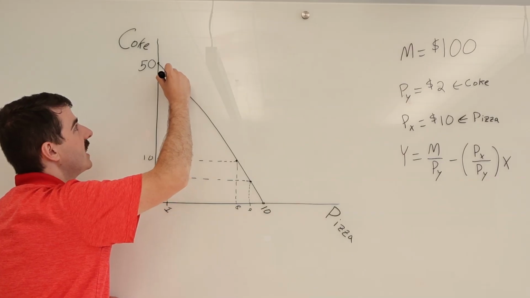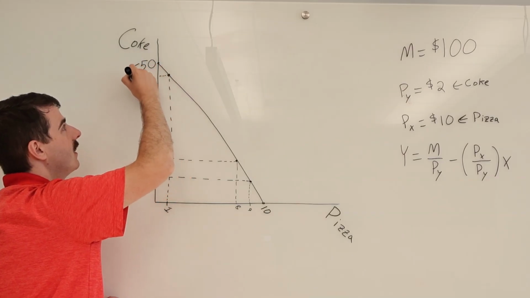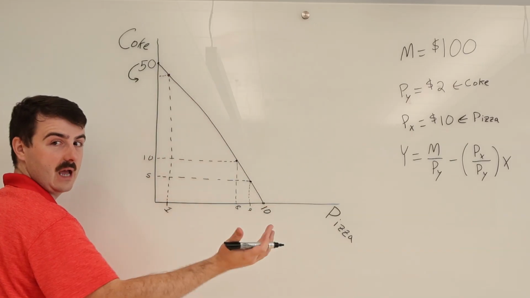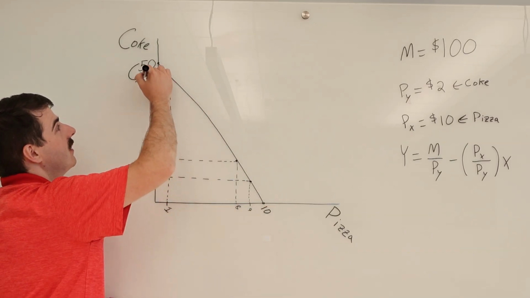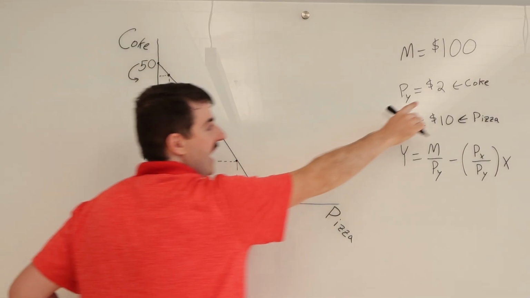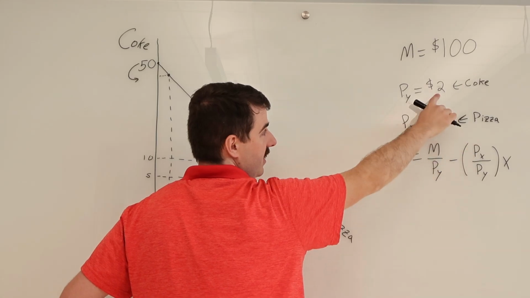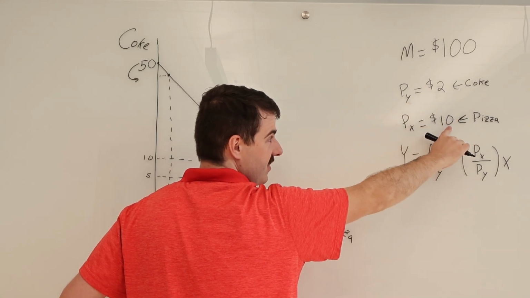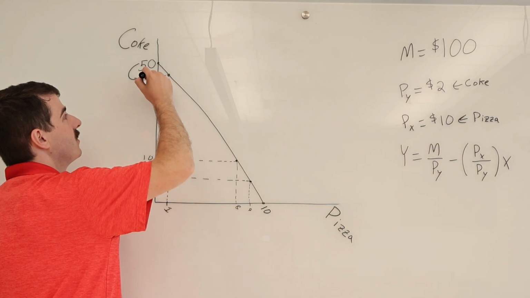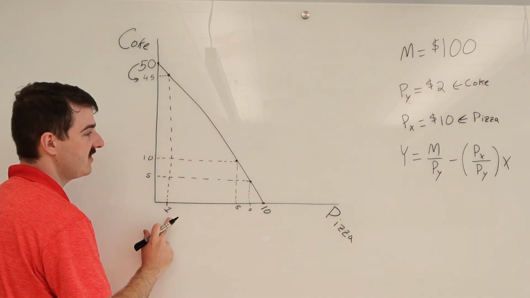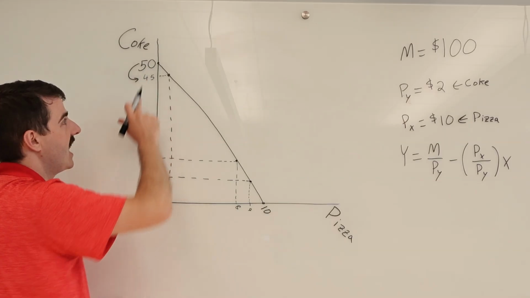How many Cokes are we going to give up to get there? Well, you guys already know, it's 5, of course. We're giving up 5 of these to gain 1 of these, because the price is 1/5 as much, right? So this will be 45. So we can go from 0 to 1 pizzas at a cost of 5 Cokes.